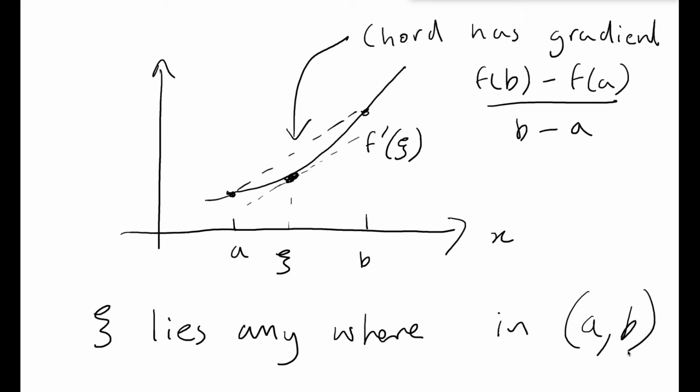It's basically saying that somewhere the local tangent is going to be the same as the chord. That's what the mean value theorem says.